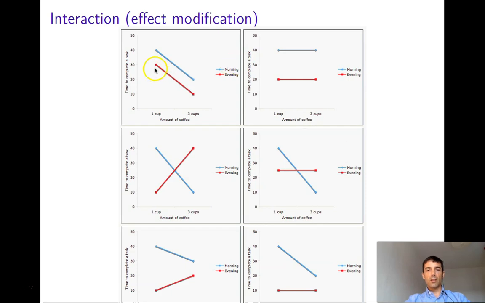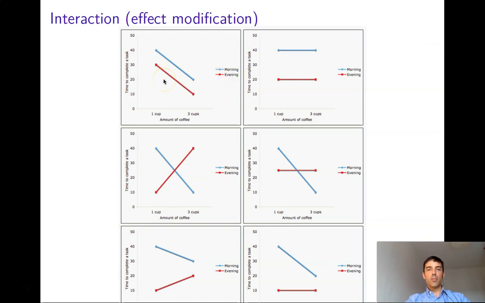Just to give a little example of what interaction is, these are some examples of interaction and non-interaction between the amount of coffee someone drinks, 1 cup or 3 cups, the amount of time to complete a task in minutes, and whether it is morning or evening.